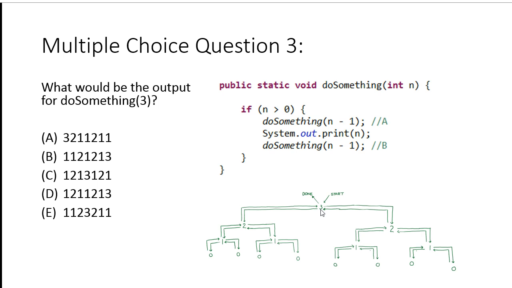So I should see, let's trace this down, print out 1, print out 2, print out 1, print out 3, so I know the answer is C now, so I could stop, but we could finish this up.